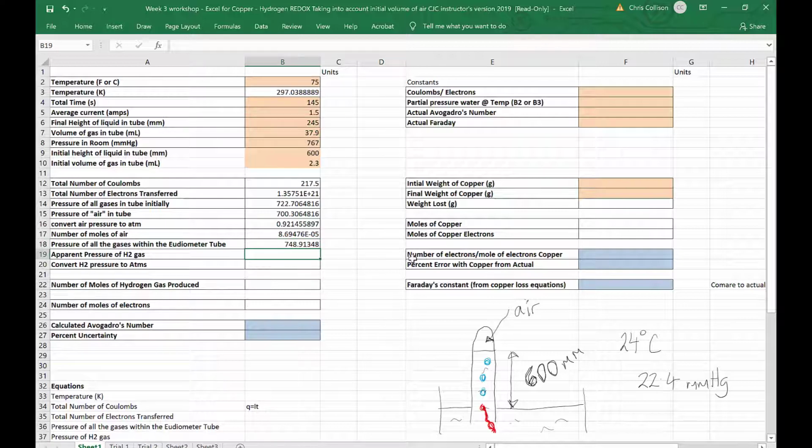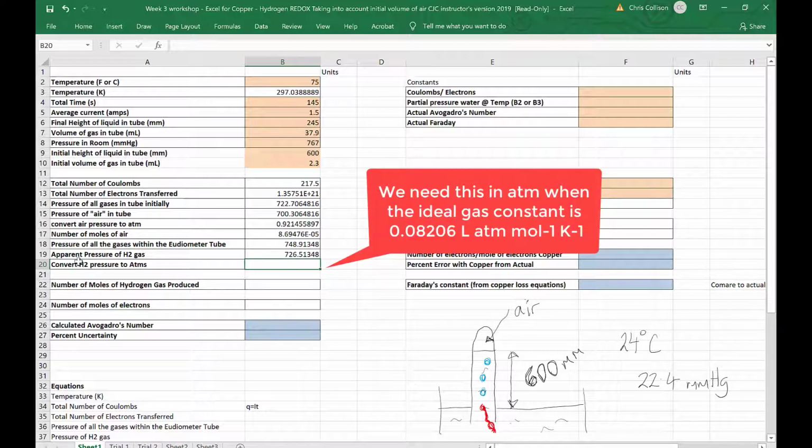So the apparent pressure, coming back to the apparent pressure of this hydrogen gas, this is going to simply be equal to the pressure of all the gases. We're going to subtract the vapor pressure of the water in here, which is 22.4 millimeters of mercury. We're going to convert this apparent pressure into atmospheres.